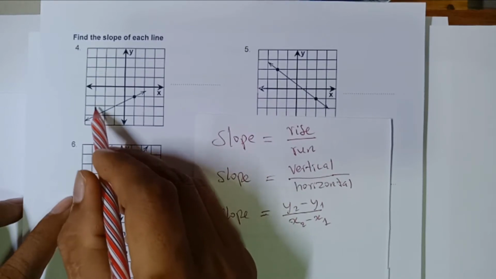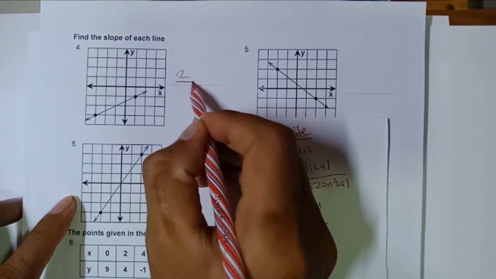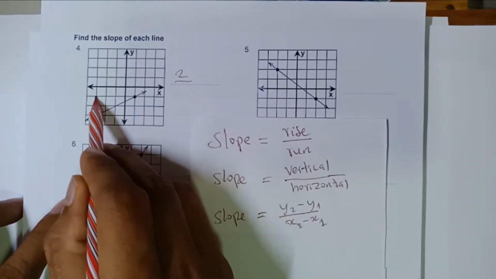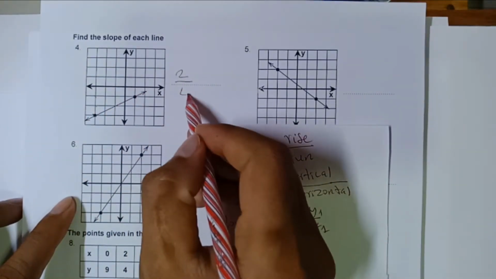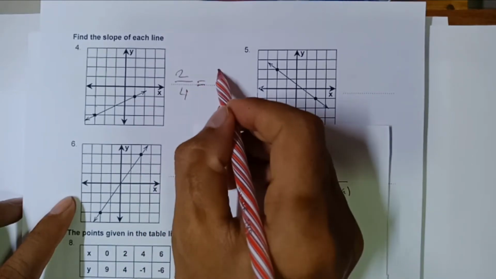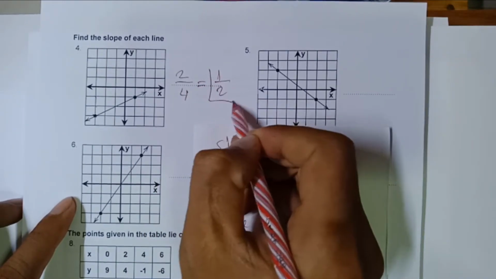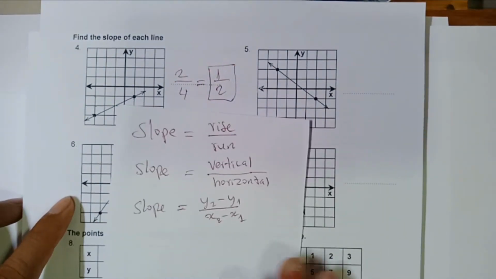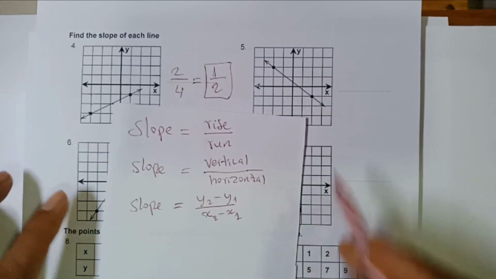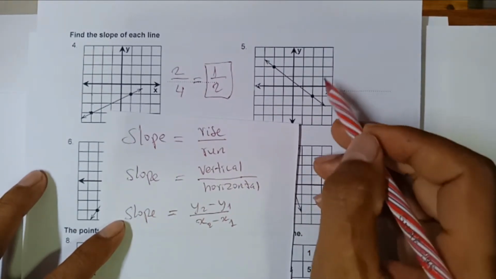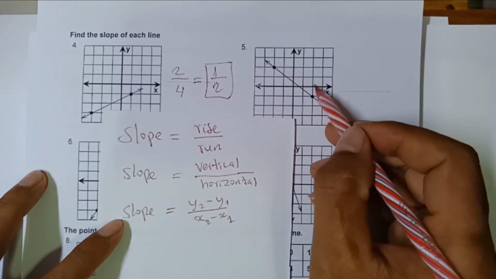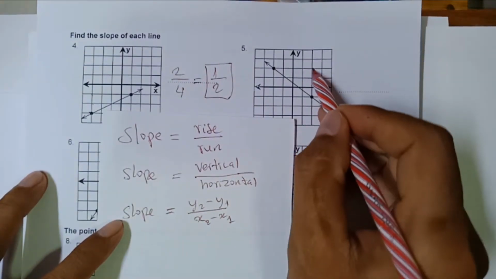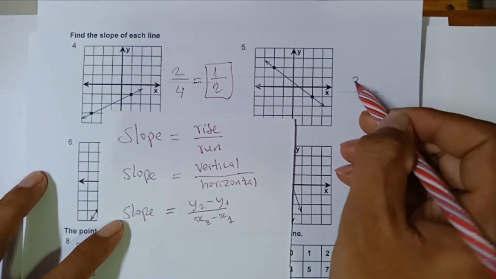Rise over the run: rise 1, 2. So you have 2 over the run: 1, 2, 3, 4. So you have 2 over 4, or equal to 1 over 2 in simplest form. Number 5. We count the vertical first: 1, 2, 3, so the vertical is 3.